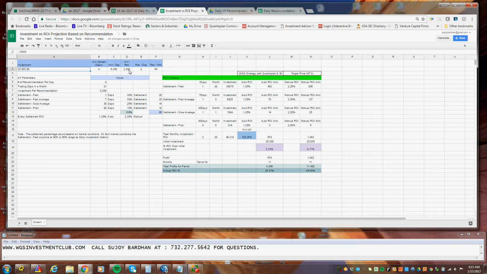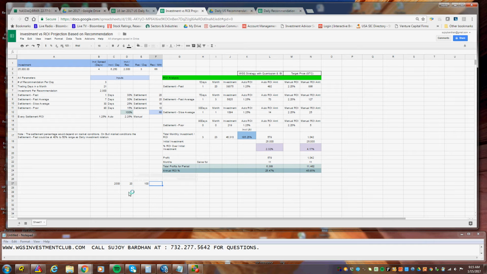There is a risk factor, which I will be talking about in a bit, and this is the amount of risk you are willing to take. Say for example, you are taking a risk of $2,000 and the stock price is $20, then you are buying C27 divided by D27, which is 100 shares.